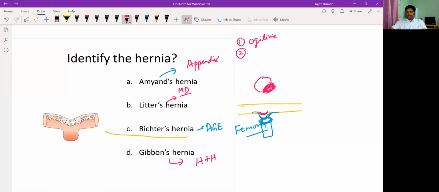And then what is Stammer's hernia? Okay, Ishnath is correct. Good. Tamil is also correct.